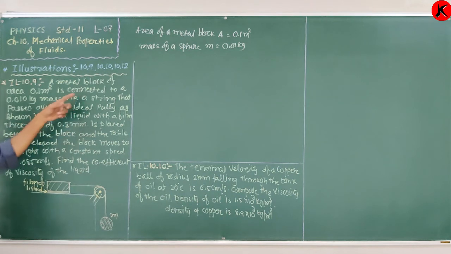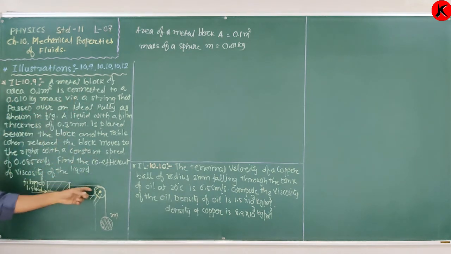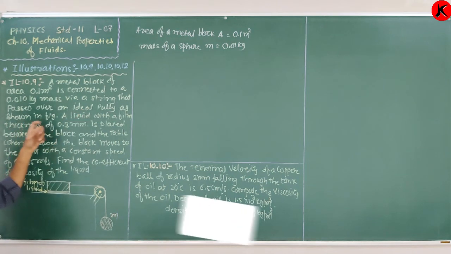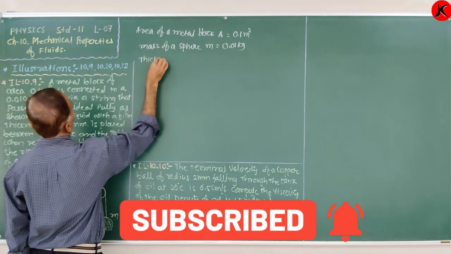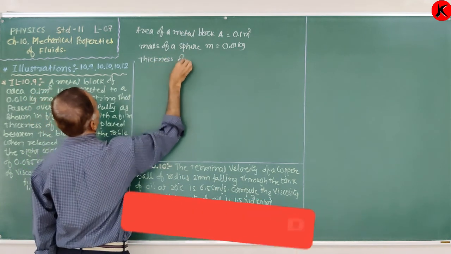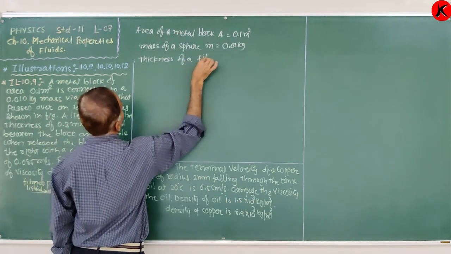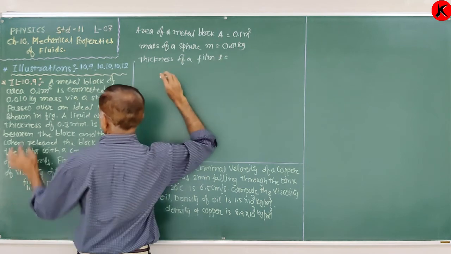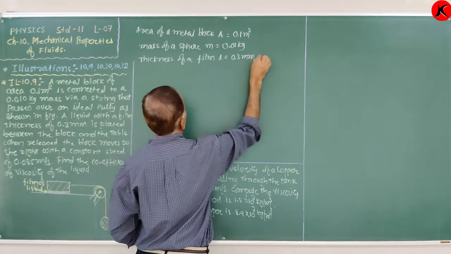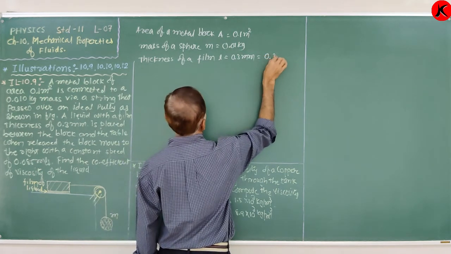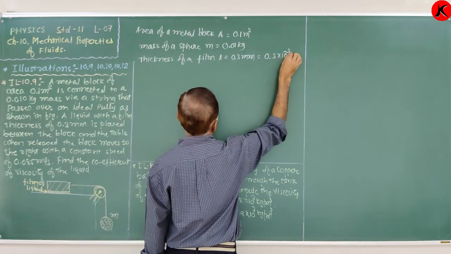Via a string that passes over an ideal pulley, as shown in the figure. A liquid with a film thickness. There is the L. L is given as 0.3 millimeter. Convert into meter. Therefore, 0.3 into 10 to the power minus 3 meter.